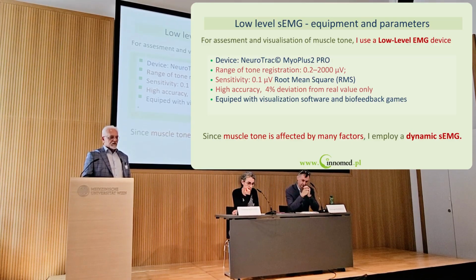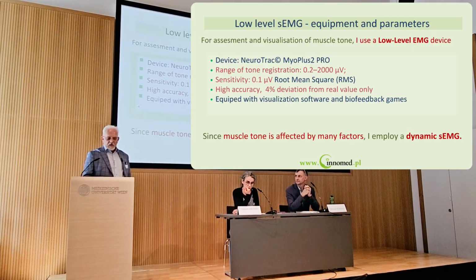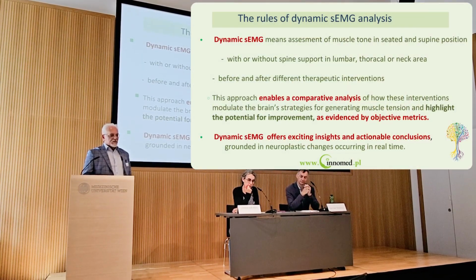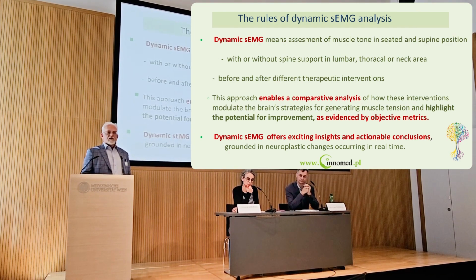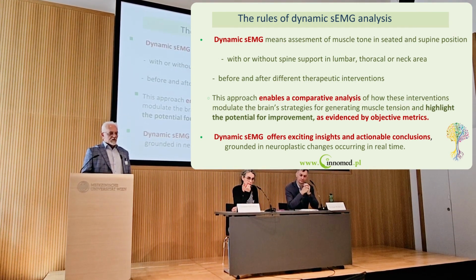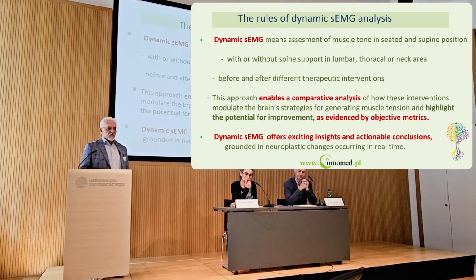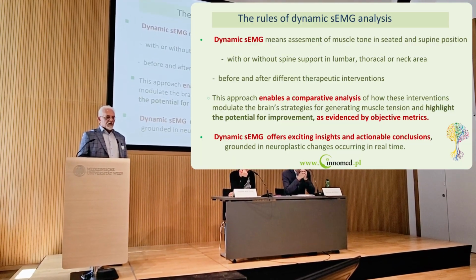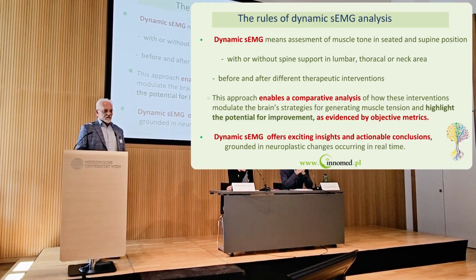Since muscle tone is affected by many factors, I employ a dynamic sEMG. Dynamic sEMG means assessment of muscle tone in seated and supine position with or without spine support in lumbar, thoracic, or neck area, before and after different therapeutic interventions.